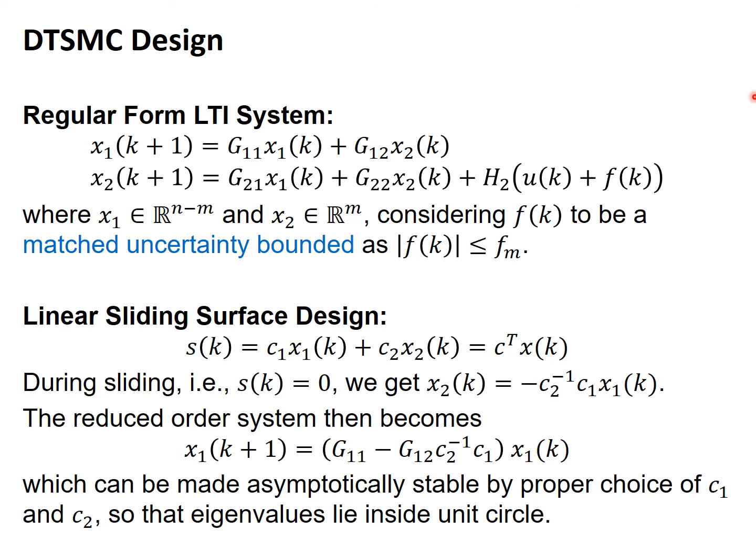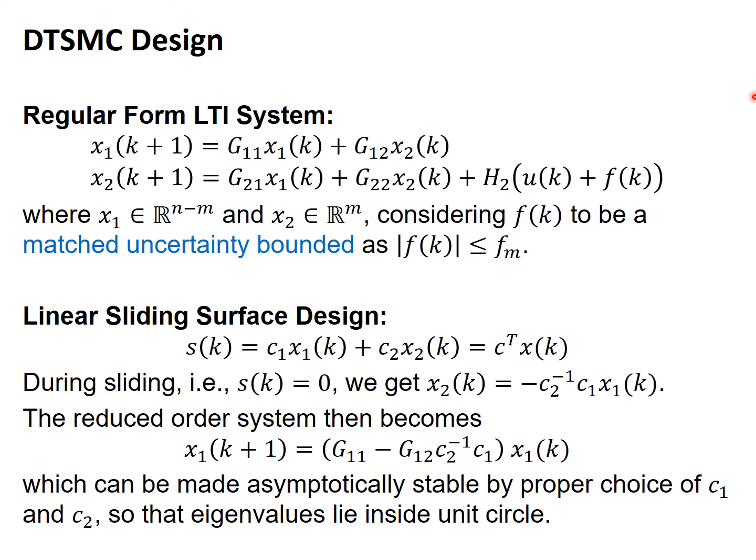So the system is given in ABC format. If you have the linear time invariant system in ABC format, then we have to discretize that to form the discrete time linear time invariant system.